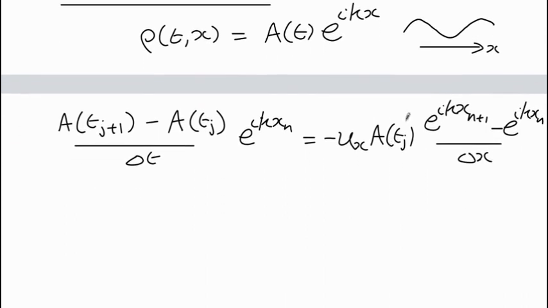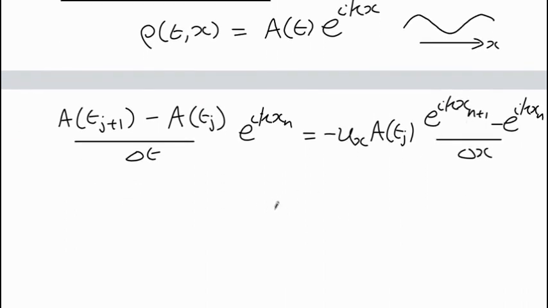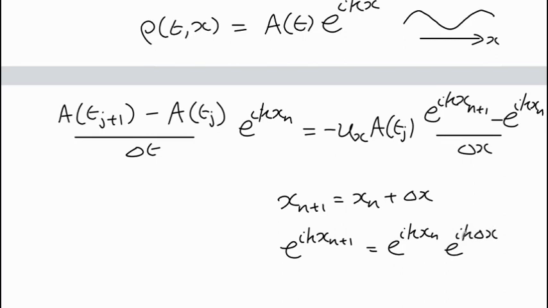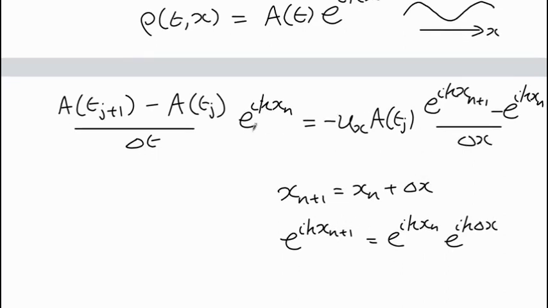We can rearrange this a little bit, and use the fact that x_(n+1) is equal to x_n plus delta x, and so e to the ik x_(n+1) is equal to e to the ik x_n times e to the ik delta x. So we just split that term out: x_n plus delta x gives us this x_(n+1).